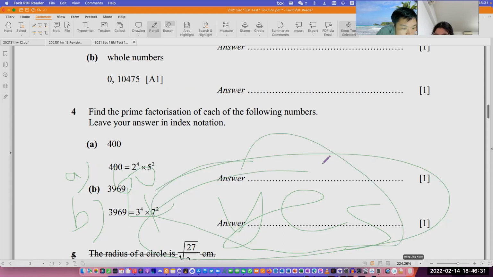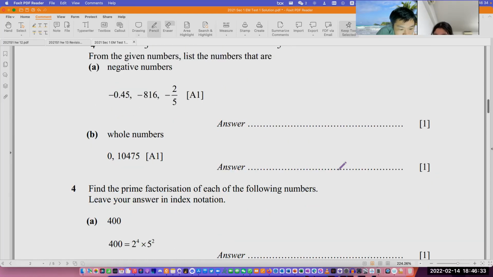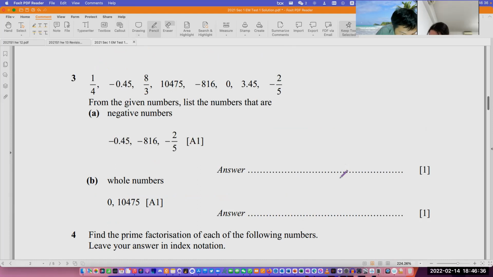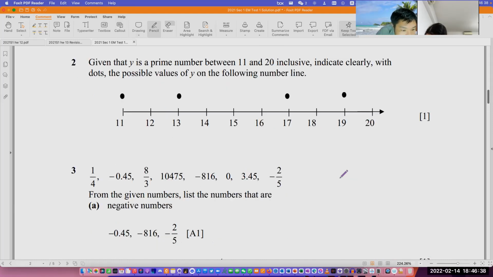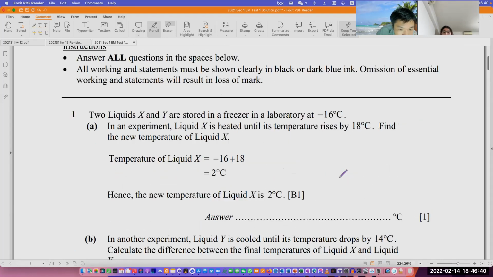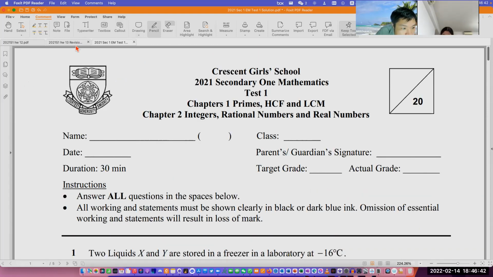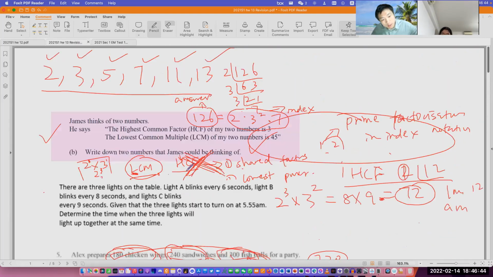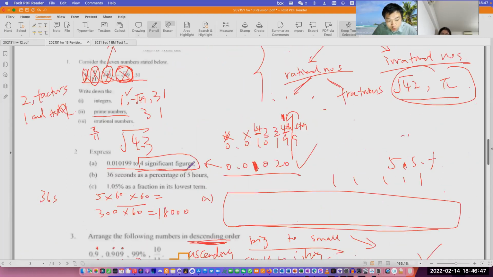Okay, good. So just now, there are some more questions here. By the way, these revision questions we have gone through already.